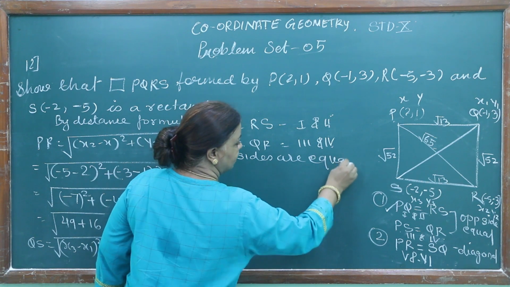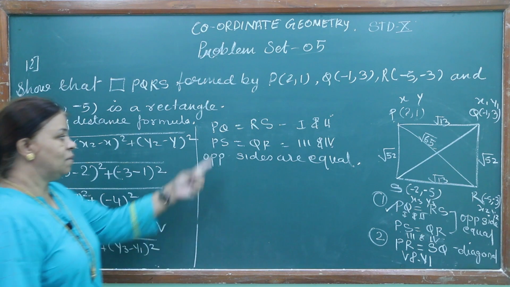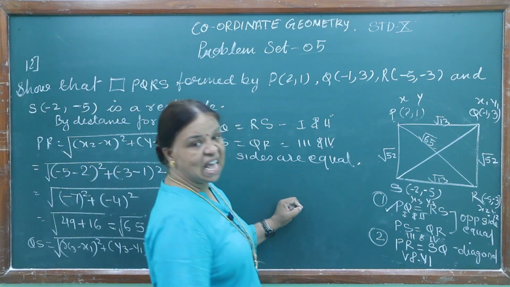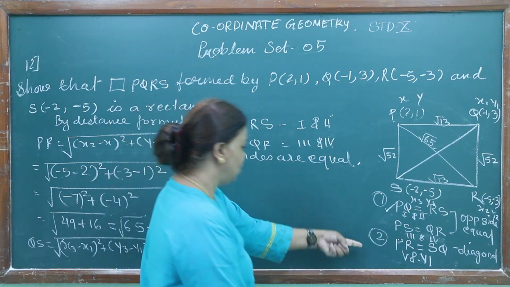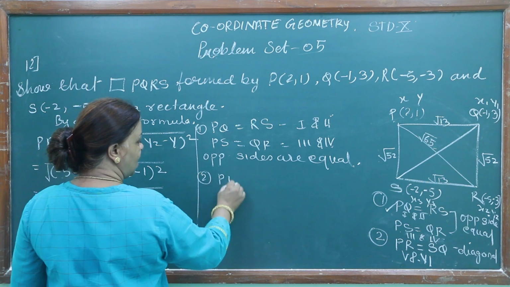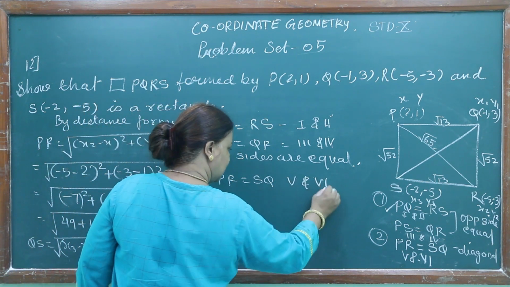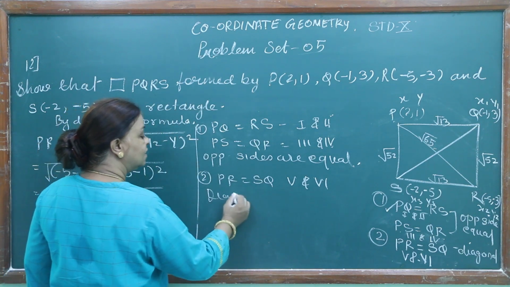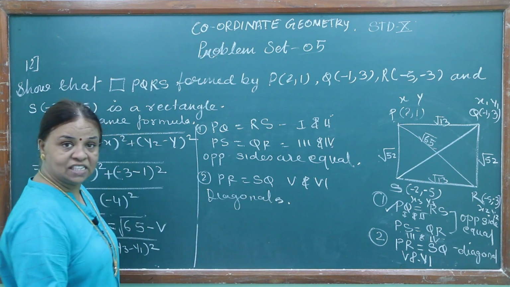In a quadrilateral, opposite sides are equal. Okay, it is a parallelogram, opposite sides are equal, but we still have to have one more confirmation, that is diagonals are equal. Yes, we got it, diagonals are equal. Second statement, PR is equal to SQ from 5th and 6th, but these are diagonals. Yes or no? They are diagonals, and here diagonals are also equal.